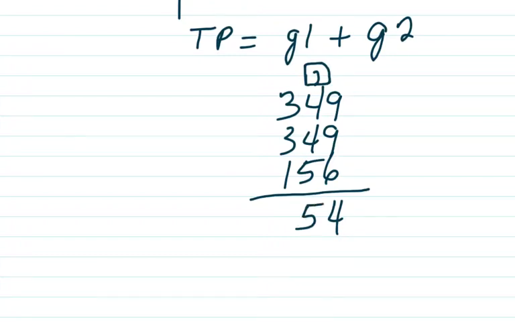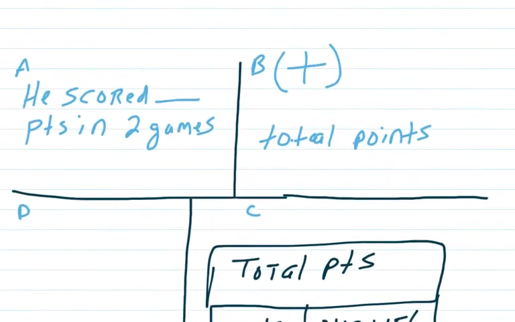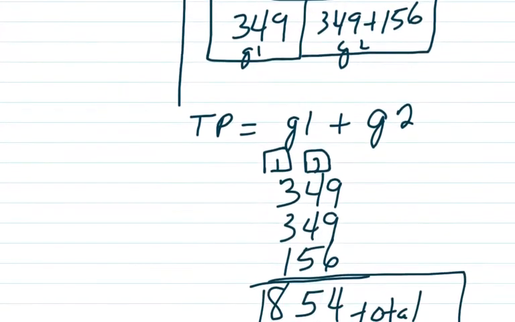Make that 5 look a little bit better. Regroup right there. And 6 and 3 and 3 is 6, plus 2 more is 8. So he scored 854 total points. I'm going to box that. And then right up here in my answer statement, I'm going to write 854 points he scored total.